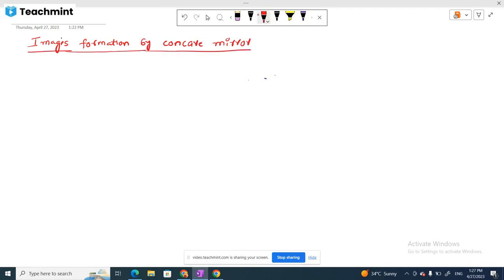So I make a table here. The first column is the serial number, and the location or position of the object. I place the object at different locations. Next, image information.